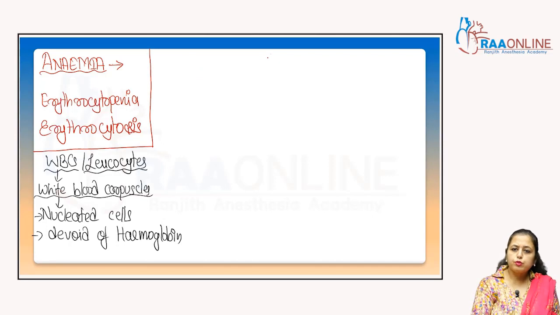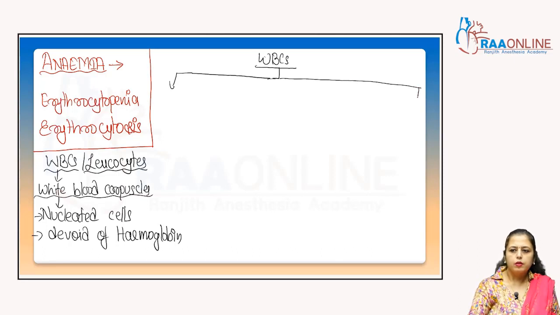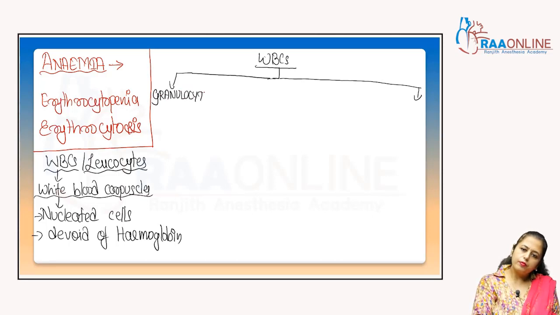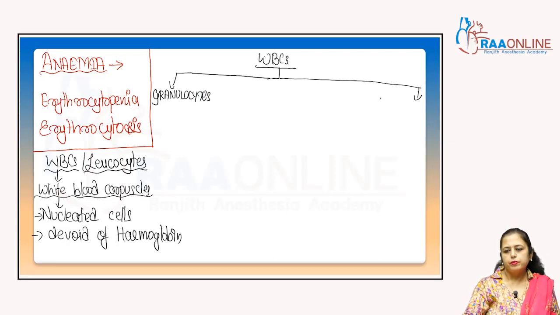WBCs are of two types: granulocytes and agranulocytes, right?